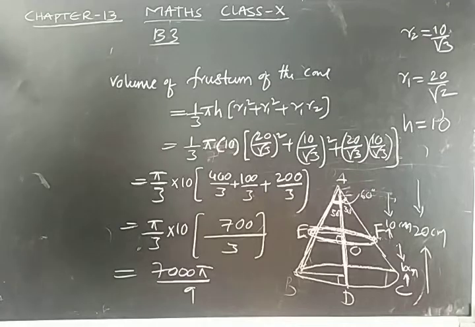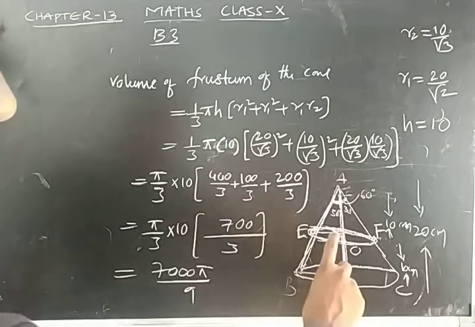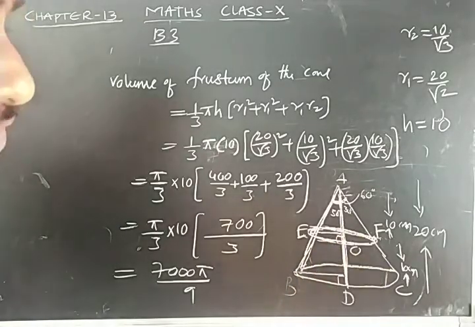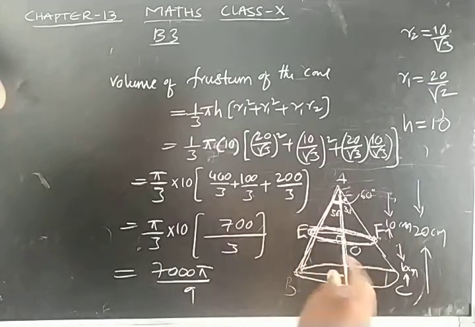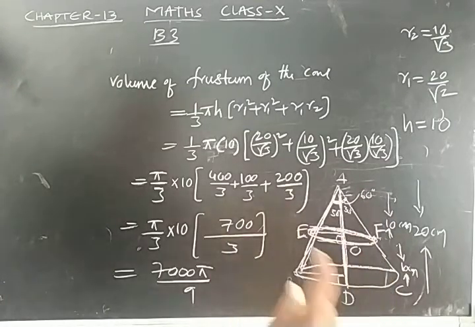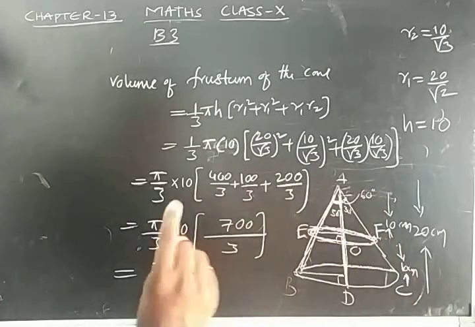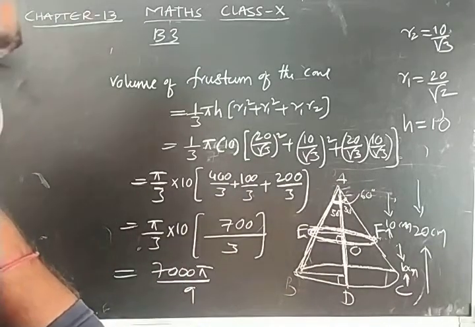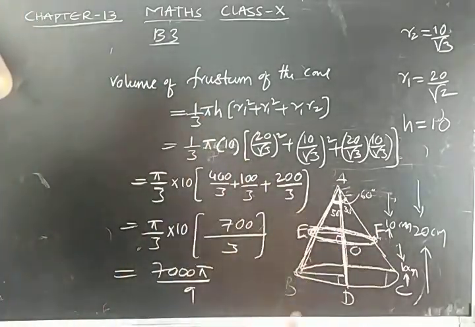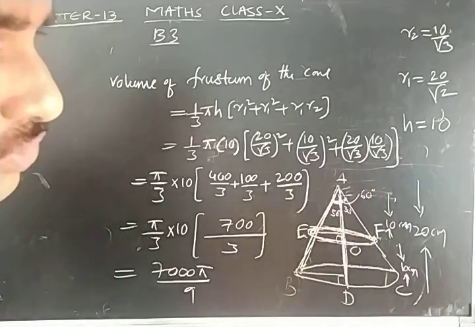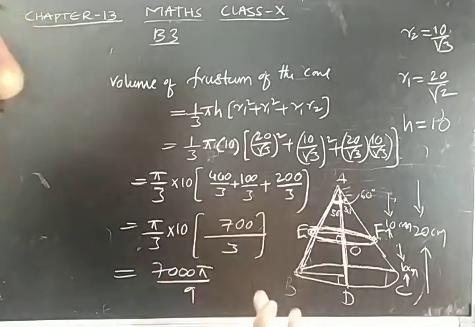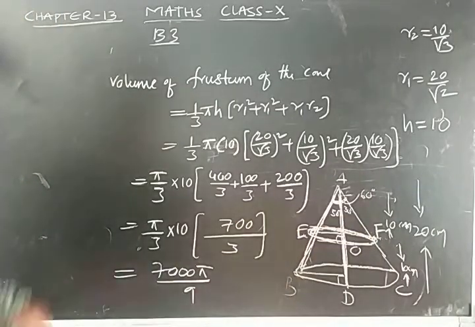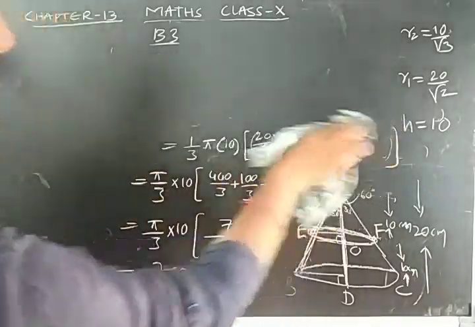Now we are melting this frustum of the cone and recasting it as a wire whose shape is cylinder. Wire shape is always cylinder. We are going to find the length of the wire which is made from the frustum of the cone, and we are given the diameter of the wire.